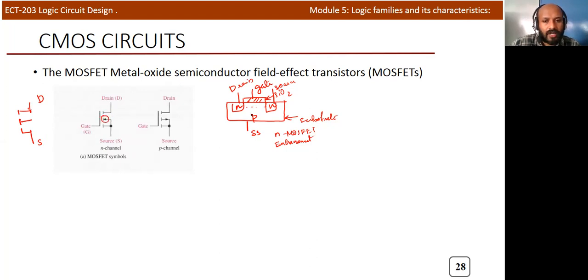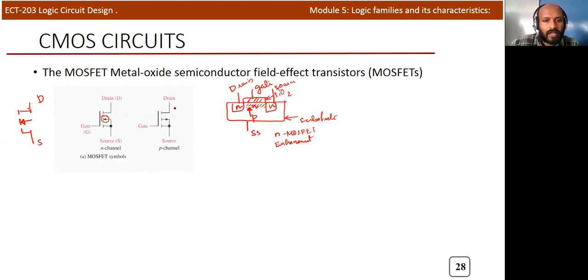That arrow you can mark like this: when there's a channel in this particular region, that becomes N. So here you can see that the current direction is from P to N, and we indicate the arrow like this.